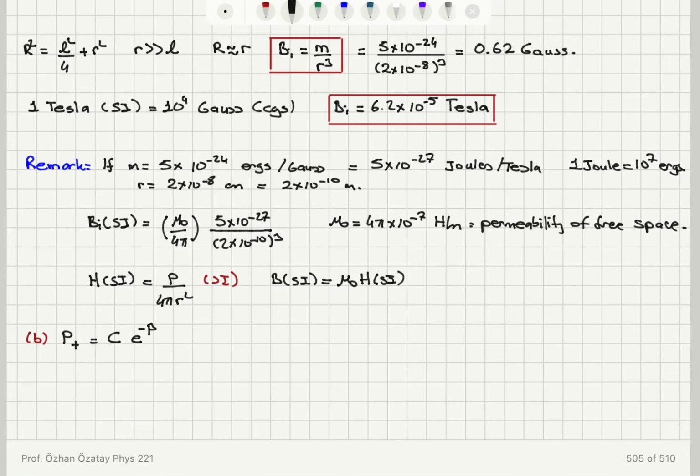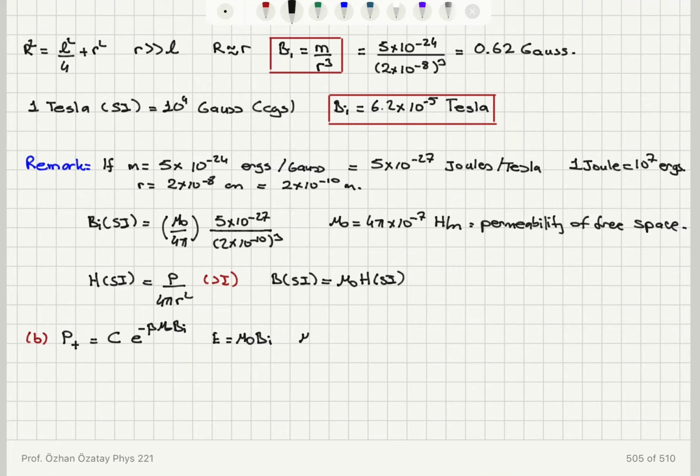beta times the energy associated with it, mu 0 B internal. So the corresponding energy is equal to mu 0 B internal when I have the magnetic moment pointing in the opposite direction.